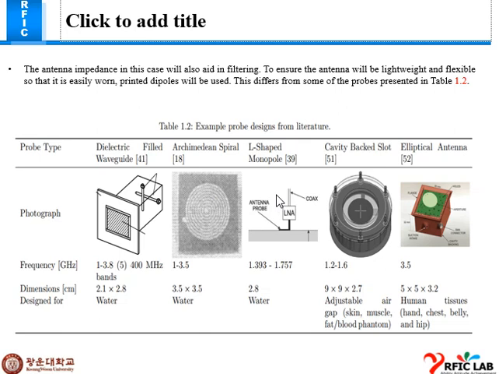The L-shaped monopole is 2.8, and the cavity-backed slot is 9 by 9 by 2.7, with an adjustable gap, on skin, muscles, fat, blood, phantom, and human tissues. The apical antenna's dimension is 5 by 5 by 3.2, used on human tissue, hand, chest, belly, and hip.